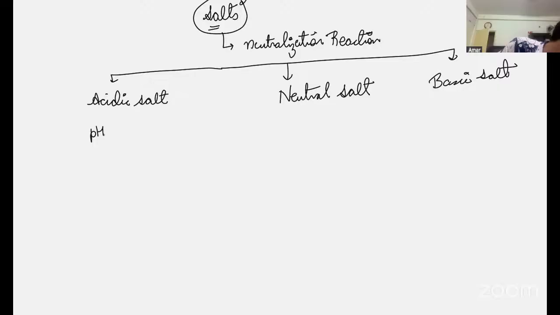Can you hear me? What is the pH value of acidic salt? Like neutral is 7. And what is the value of acidic? Acidic with pH value less than 7. So obviously acidic salt will also be less than 7.